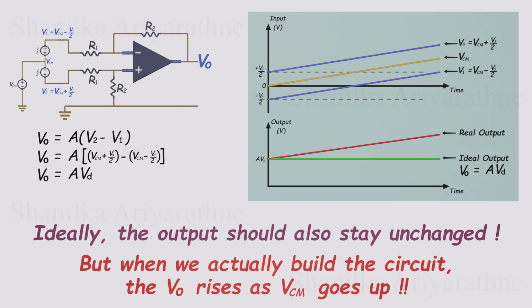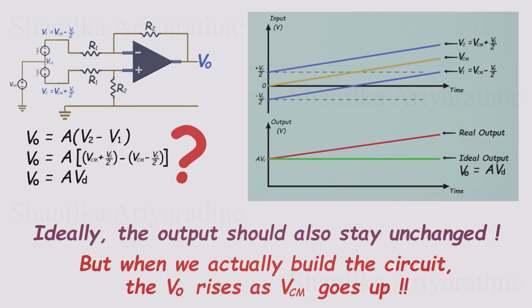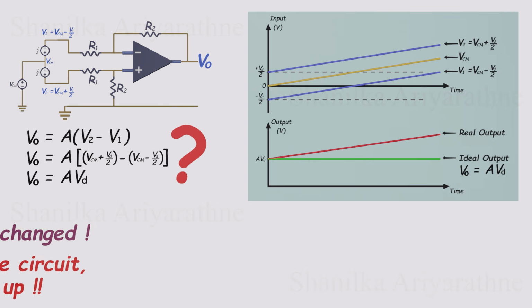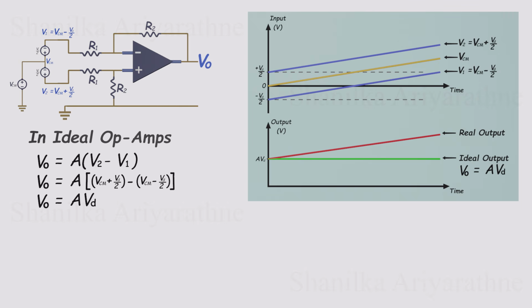In theory, that common voltage should cancel out completely when we take the difference. But real op-amps aren't perfect. Some of that common mode signal leaks through, and it shows up in the output. This makes our output equation questionable. How can that happen? The simple answer is that reality isn't ideal.